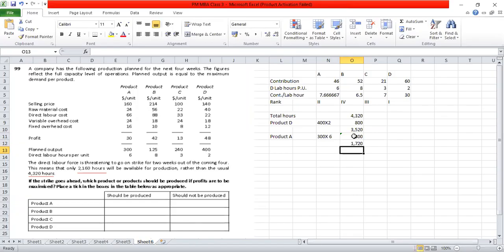The next in order is C. C planned output is 240 and into 3. So the next one, product C, we see it is 240 into 3. That would be 720.